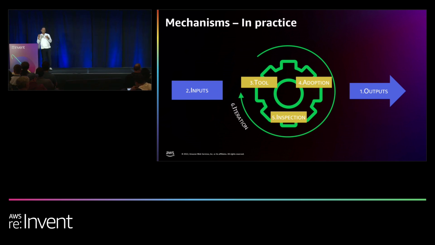And you want to identify the inputs that you want to transform into the outputs or the outcomes you want to get to. And the really important part of the mechanism is the one at the center. You want to design a tool that lets you transform these inputs into the outputs or the outcomes and enables you to solve the challenge.